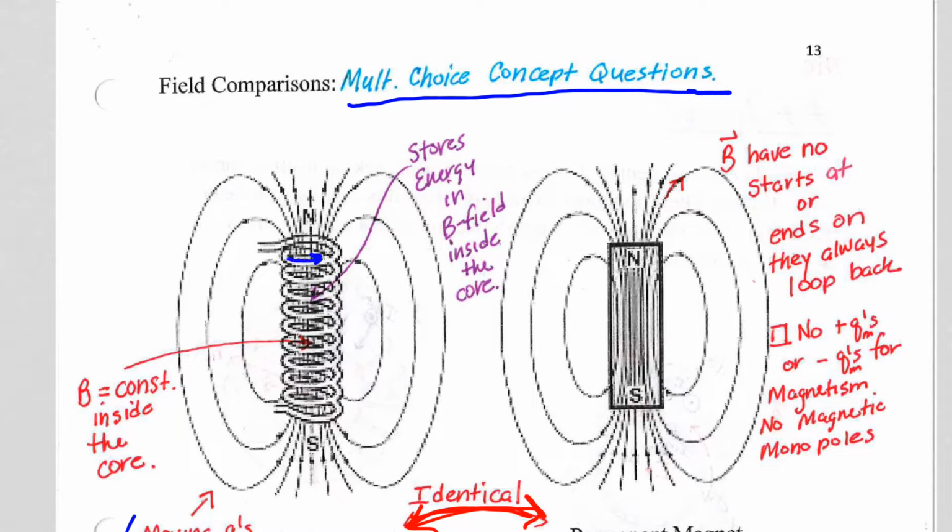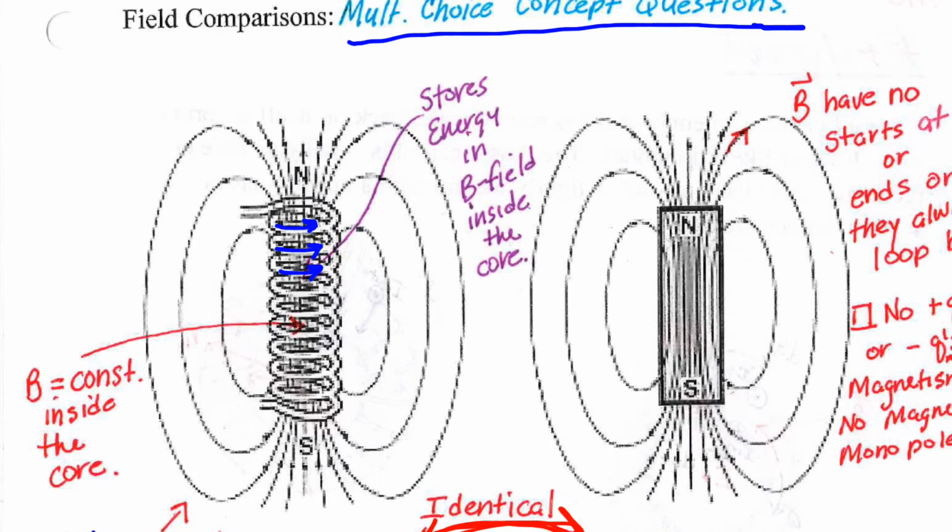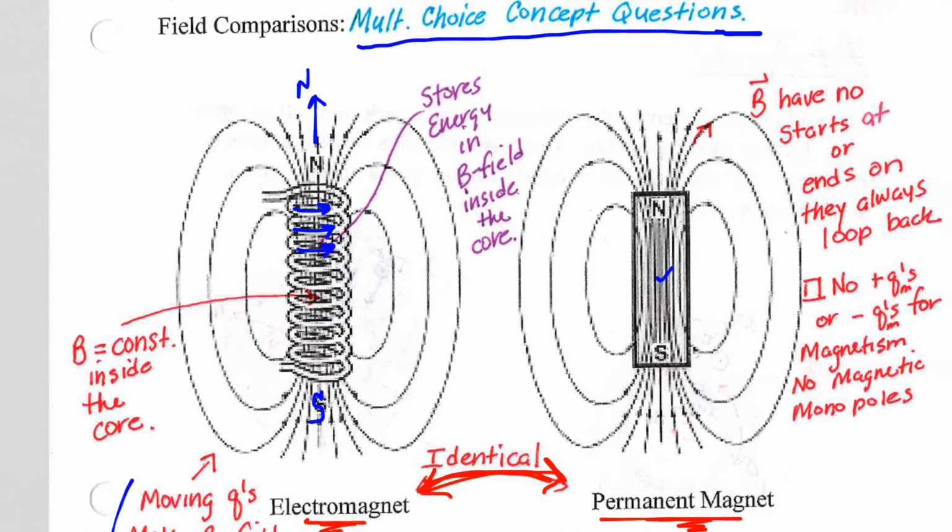So the current is coming through, and when we do our IDL cross R hats, or spin our fingers and stick our thumb out, we get the north pole, so the magnetic field comes out of north into south. It's uniform in the center, just like it's uniform in the center of the permanent magnet.